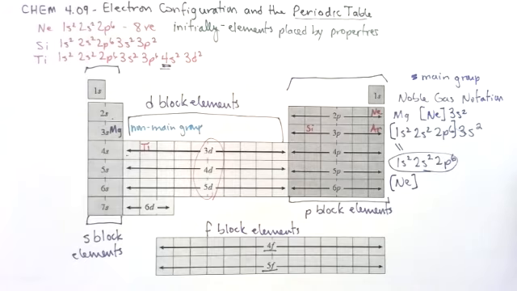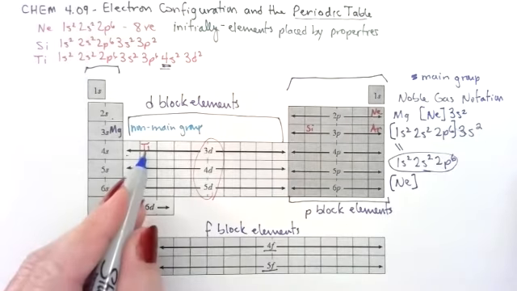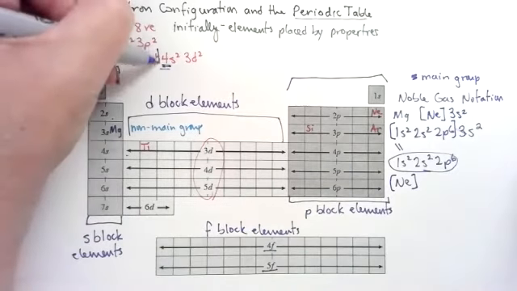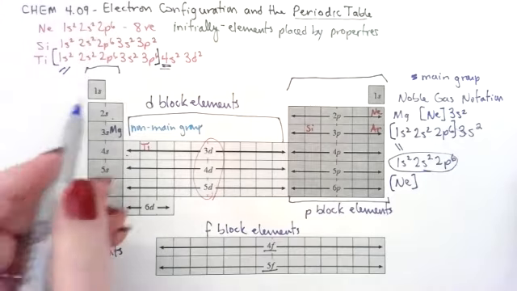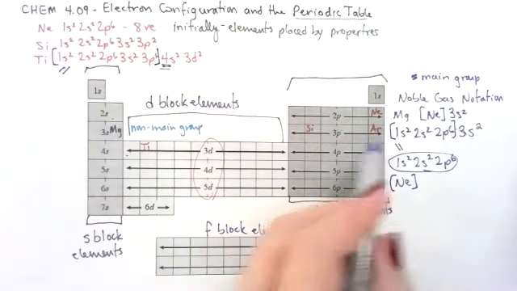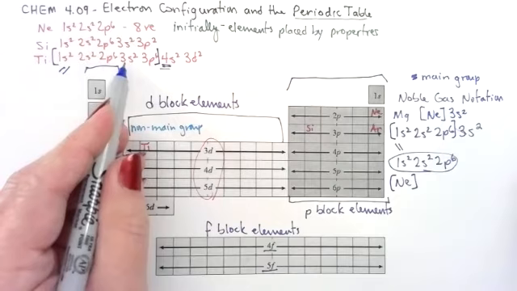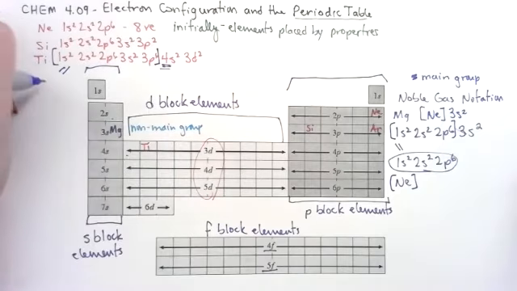So what if we were going to noble gas shortcut titanium? So titanium is here. The noble gas before titanium is argon. Argon is 1s2, 2s2, 2p6, 3s2, 3p6. So this is the same thing as argon.